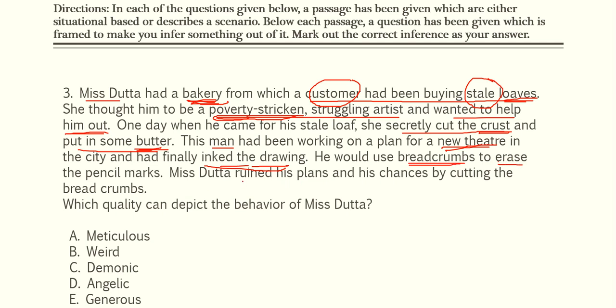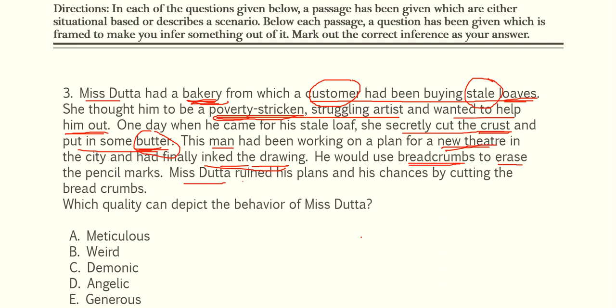But Miss Datta's action, like she had added butter within the bread, ruined his plans and his chances by cutting the breadcrumbs. मतलब बटर अगर उसमें लग गया तो वो पूरा ड्राइंग ही खराब हो जाएगा ना, इसलिए। Okay, so which quality can depict the behavior of Miss Datta?